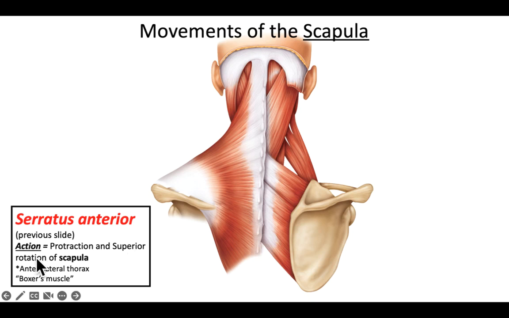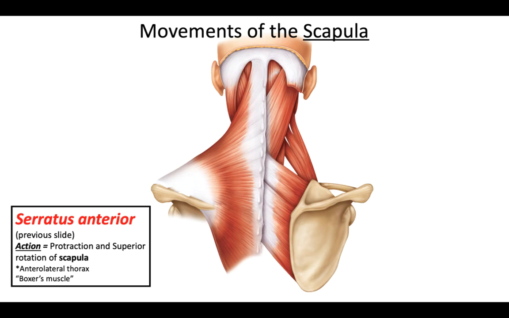Protraction, superior rotation. We often call this muscle the boxer's muscle because if you think about punching, right? When a boxer throws a punch, they're going to have to not just move their humerus, they're going to move that scapula. They're going to move it forward and it rotates upward. All right? So you should be practicing right now, right?